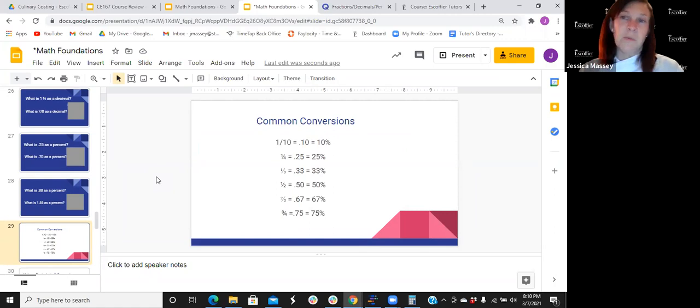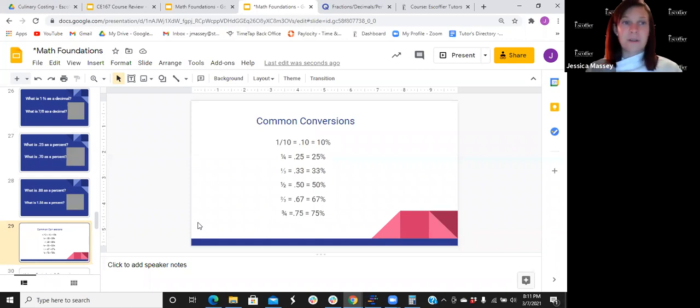The more you use them, the more you'll understand them, and the more you'll be able to memorize them. You won't even have to think about it. You just know that when you see a 1/4, that's 25%. You just know it. So the more you use these, I'm sure you'll get there at some point, I promise. So again, if you want to write this down, take a picture. I will pause here for anyone doing that.